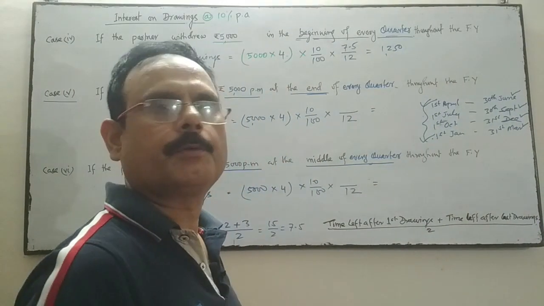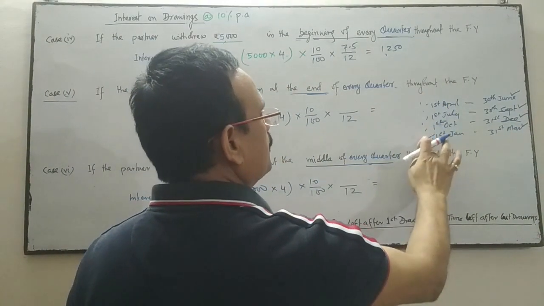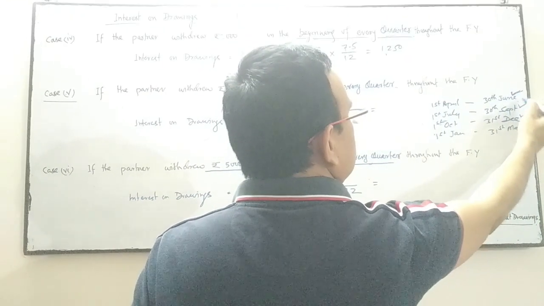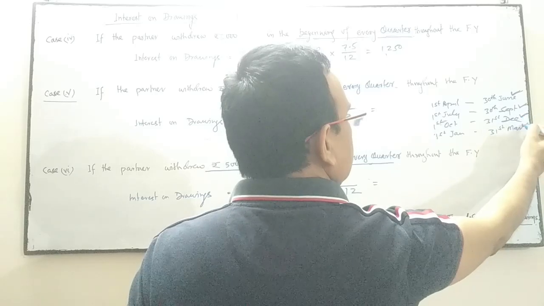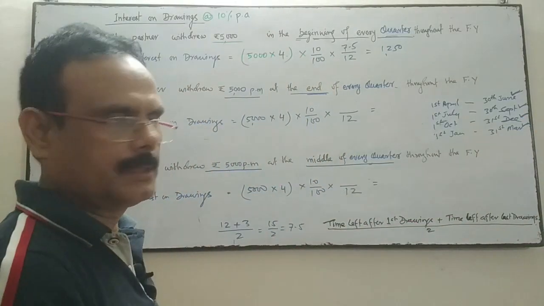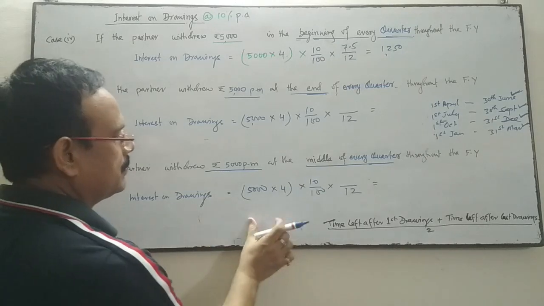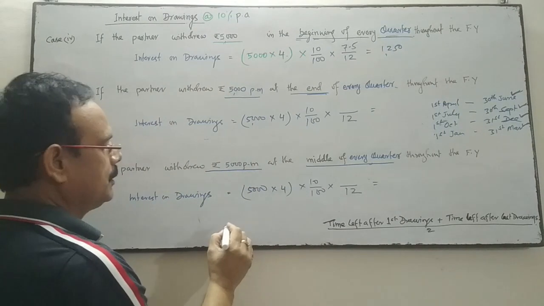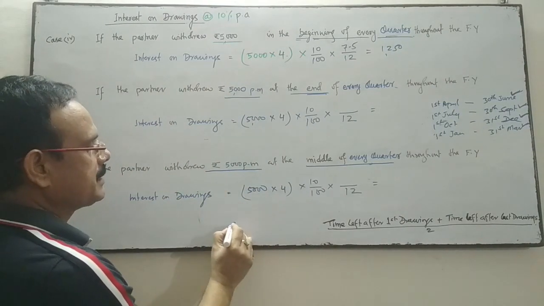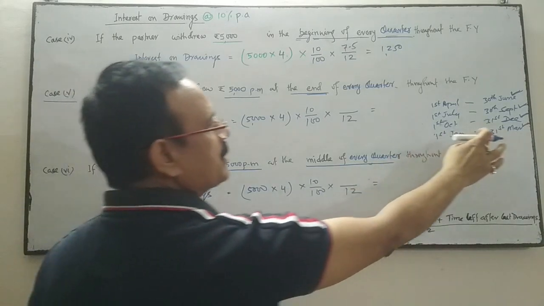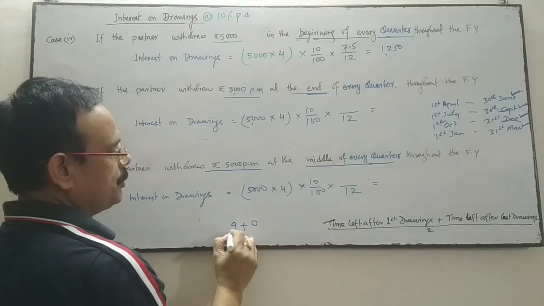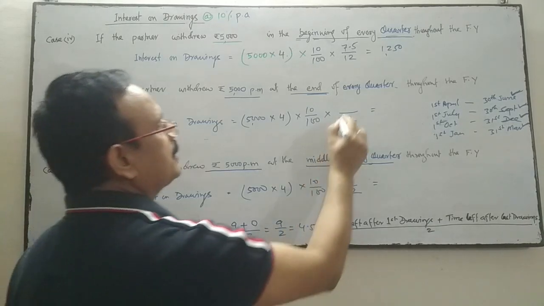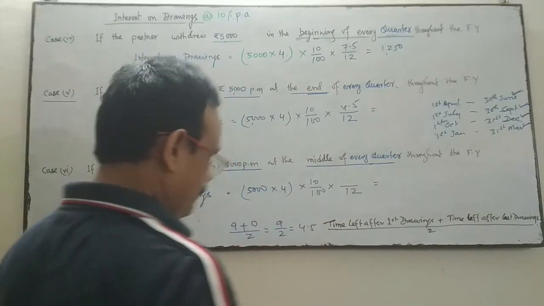The amount is withdrawn on those dates. So the average time will be: if the amount is withdrawn on 30th June, then 30th June to 31st March is 9 months, and the last one is on 31st March, so 0. So 9 upon 2 means 4.5 months. This will be calculated for 4.5 months.